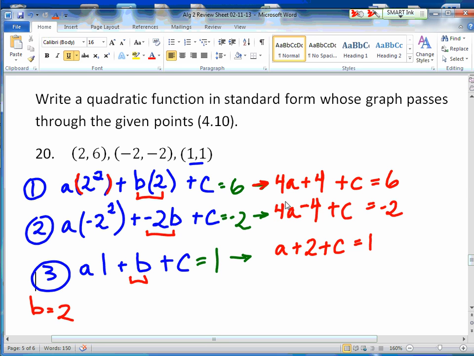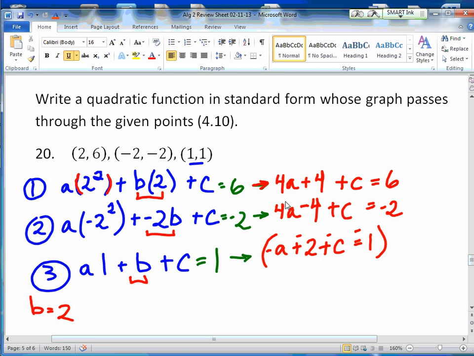Okay, so to do that, we'd want to multiply everything by -1, essentially, for this equation, which is just like what we did in the last one. So we'd get negative a, negative 2, negative c, and -1.